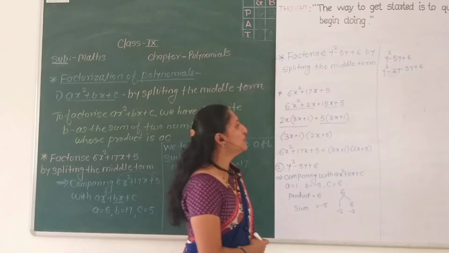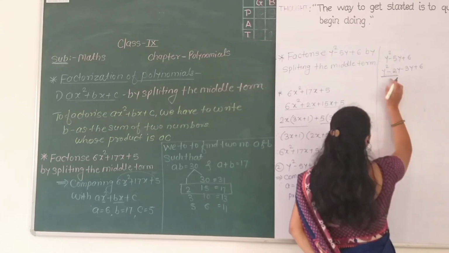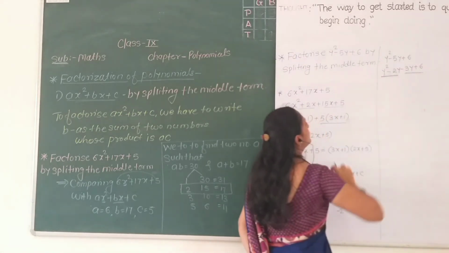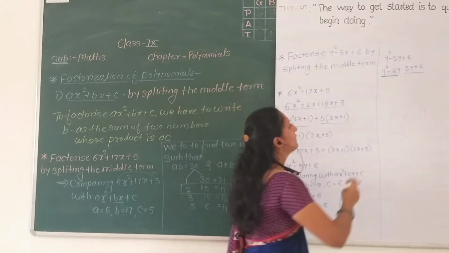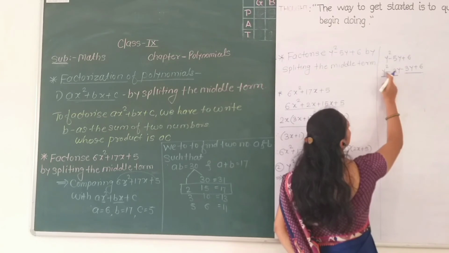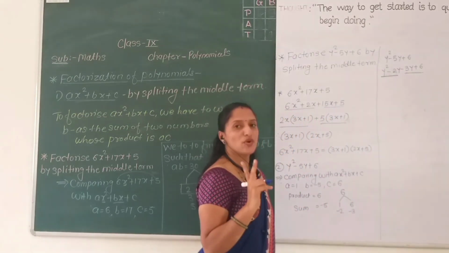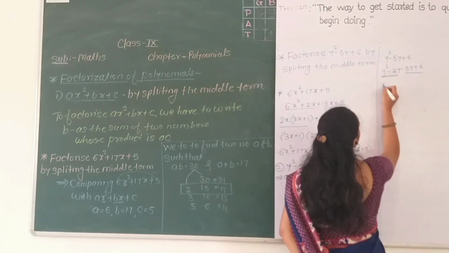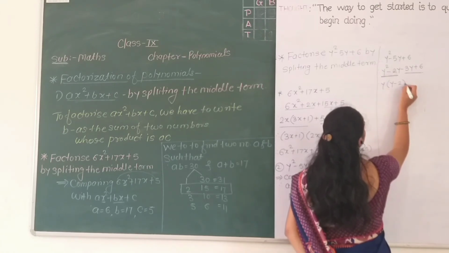Okay. Now again take two terms here. Look at the first two terms. Here y is common in both the terms. So I take y common, and in the bracket what remains is y minus 2.